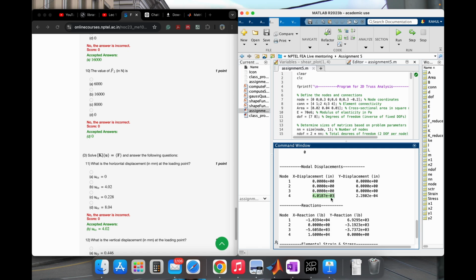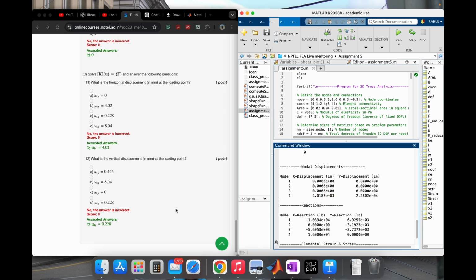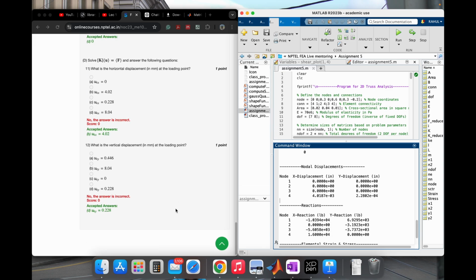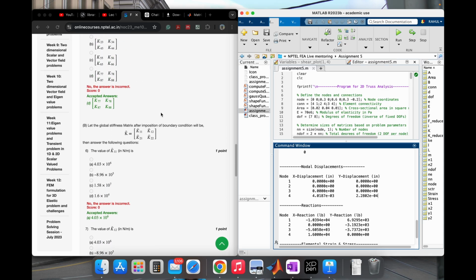It is in mm, so we will omit this part. So this will be the answer. And now it is asking what is the vertical displacement at the loading point. So this is the vertical displacement. Since we have to multiply with 10 raised to the power 3, the first decimal will go inside. Okay, so this is all about the solution of assignment 5.